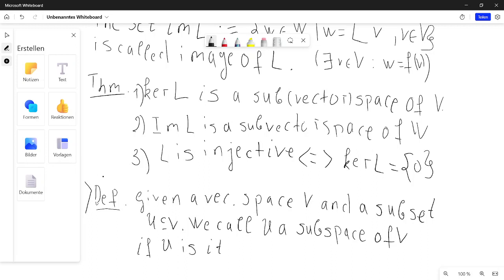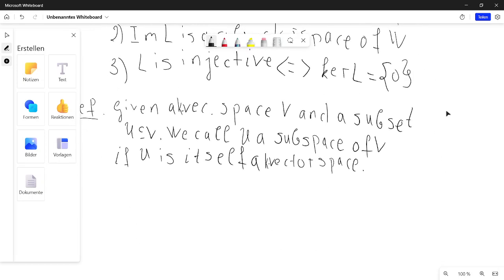Recall we always talk about K vector spaces with the same K; K is now fixed. So U is itself a K vector space, but this is always the case, so we don't need to specify that explicitly.